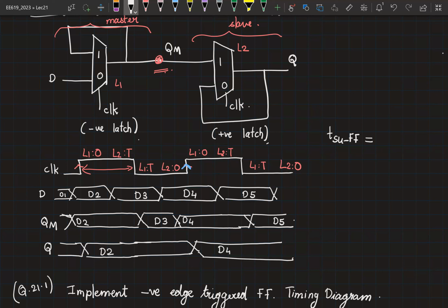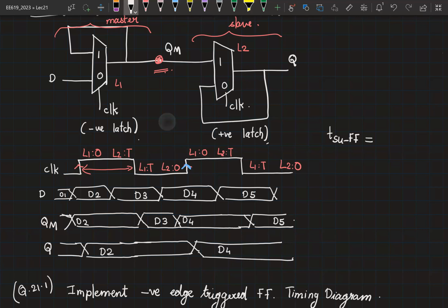Negative edge, right? So that itself tells you that something is off. L1 is the bottleneck. Why do you say that?